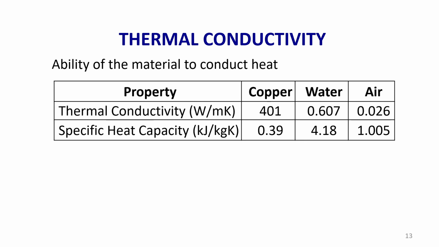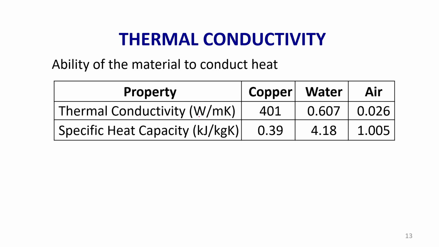This table shows the comparison of the thermal conductivity K value and Cp value for 3 different substances. One is solid, one is liquid, one is gas. Copper has a thermal conductivity of 401, but its specific heat capacity is very less, 0.39, in kilojoule per kg Kelvin.